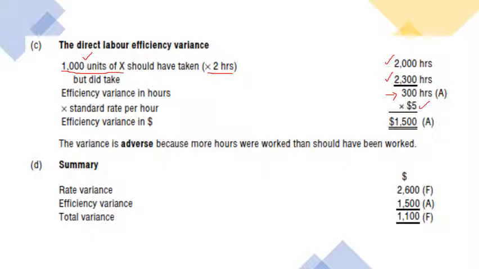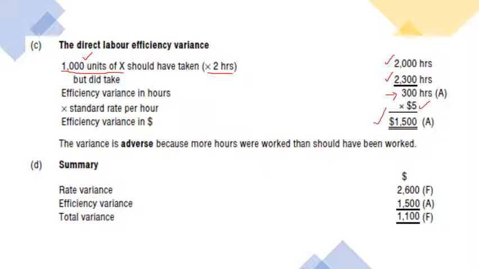So 300 hours multiplied by 5, you get 1500 extra amount spent on the manufacturing of these 1000 units, which is also adverse. It means that the excess amount was allocated.